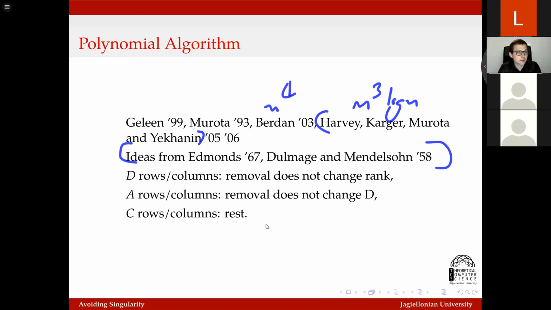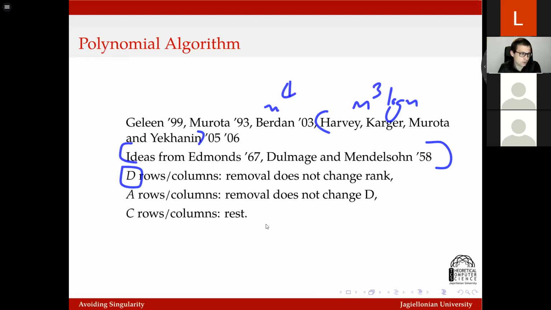And before I describe the algorithm, I need to define some decomposition of the matrix. So I will divide rows and columns into 3 sets. So first we have set D, and these are rows and columns such that when you remove them, you do not change the rank of the matrix.